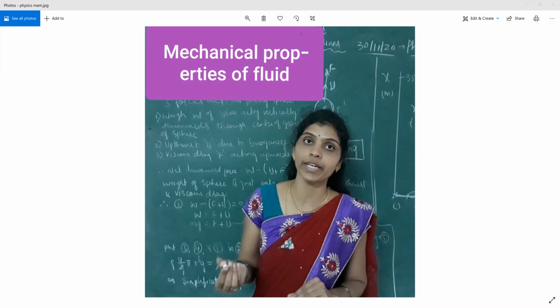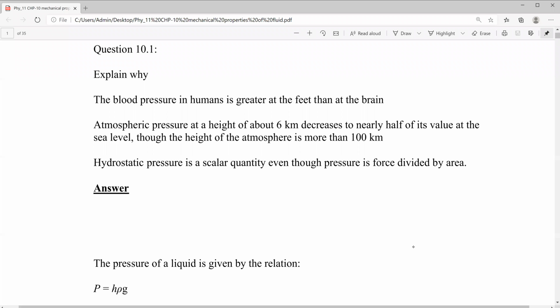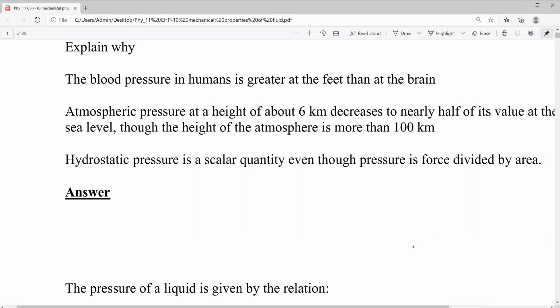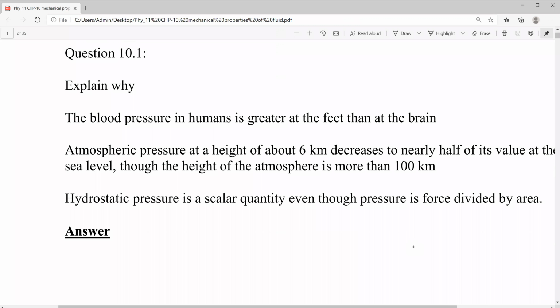So the first question is 10.1. They ask: explain why the blood pressure in humans is greater at the feet than at the brain.